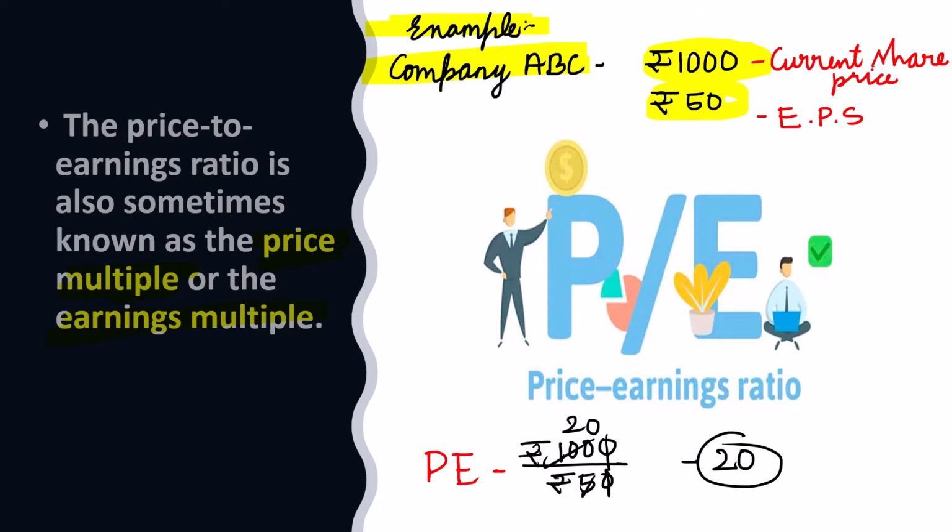It does not work like that. You have confidence in that company that one day the company's profit or the earnings per share will surely increase and it will yield you more returns. So PE is sometimes a positive sign, and it also tells us whether the company is overvalued, undervalued or fairly valued.